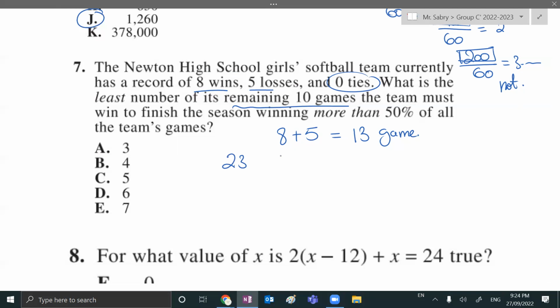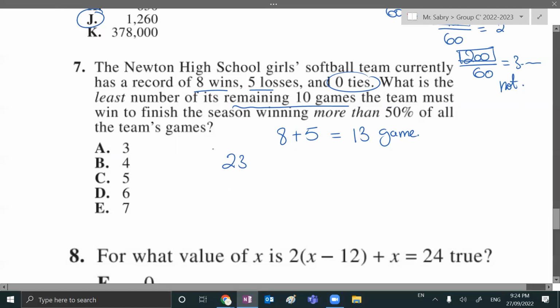Okay. So الأول I'll try to figure out what's 50% of the matches. If she played a total of 23 games, 50% of those means 12 games, 12 wins, correct? She needs to win 12 wins.